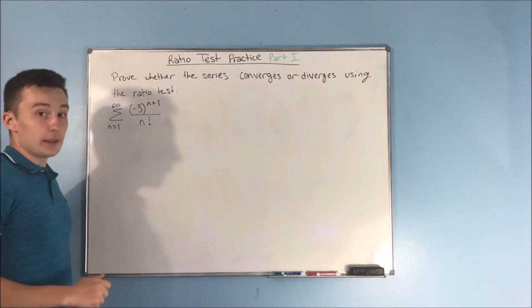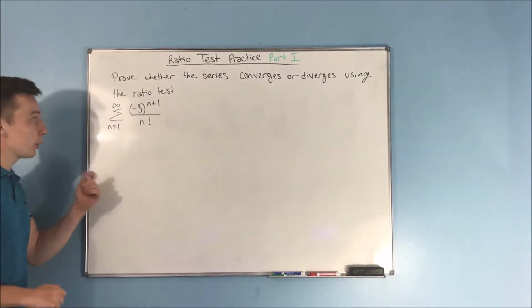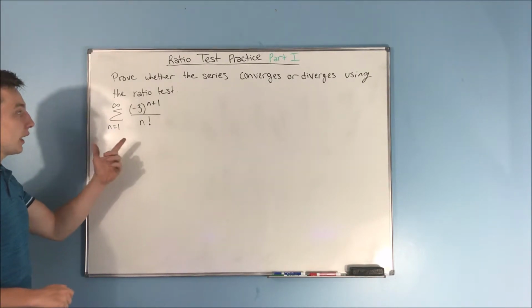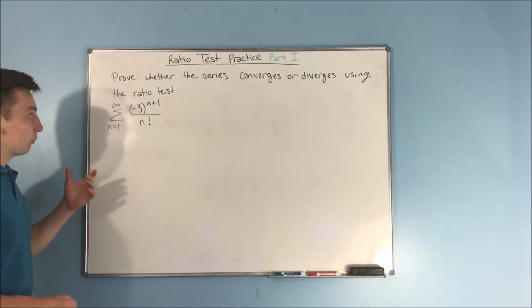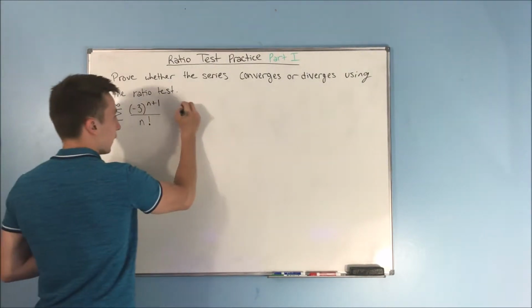Alright, we have our next series up on the board here, the sum from n equals 1 to infinity of -3 to the n plus 1 over n factorial. Using the ratio test, let's set up that limit.